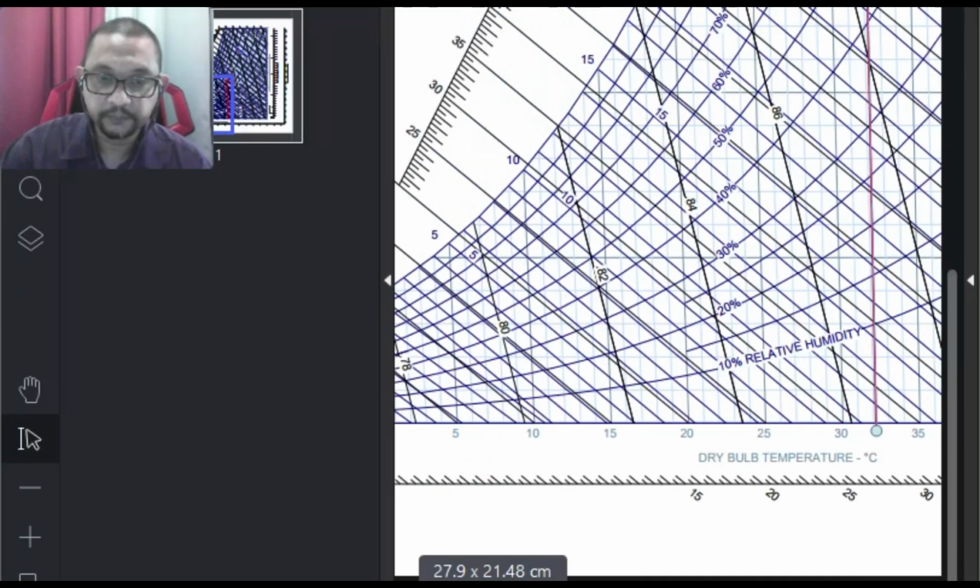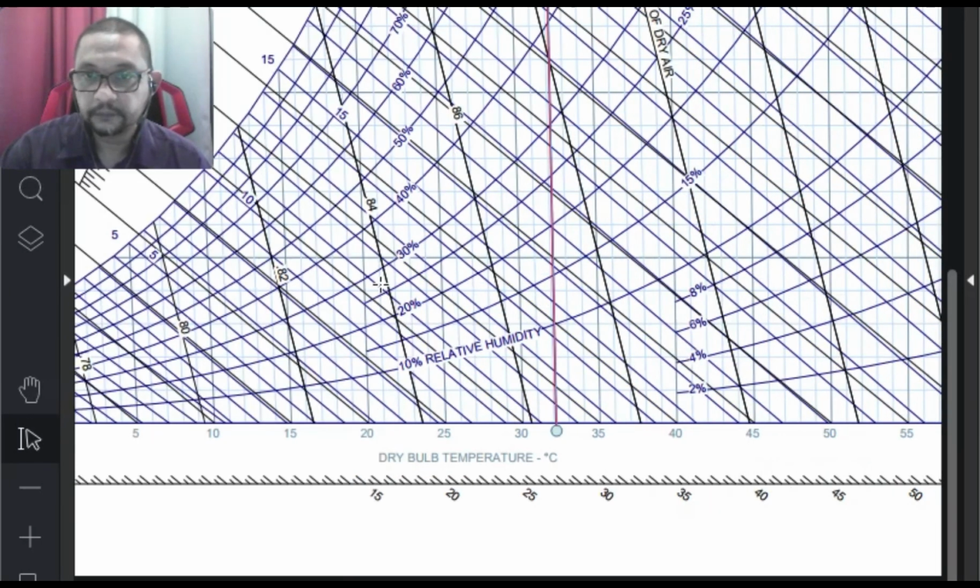Here is 30%, and the intersection is between the straight line and the curved line. 30% is here.